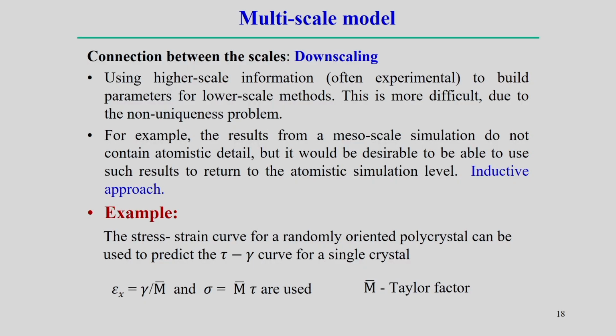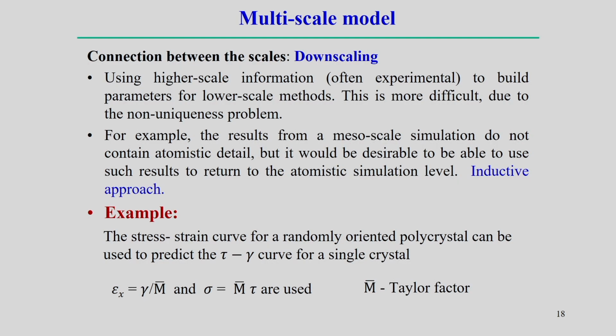Some information from the mesoscale simulation, some parameters, is sometimes useful to develop the model, passing information from the mesoscale to the atomistic scale, and then that atomistic method can be useful, but it is not a very precise or good approach. This is also called the inductive approach.